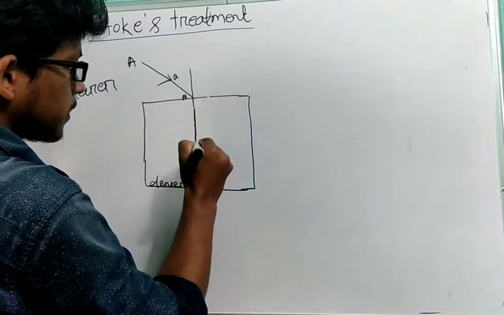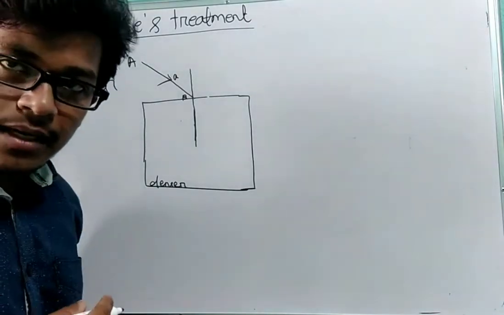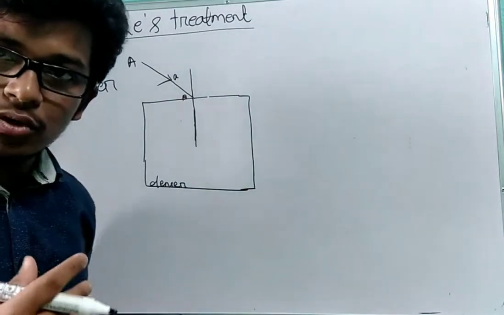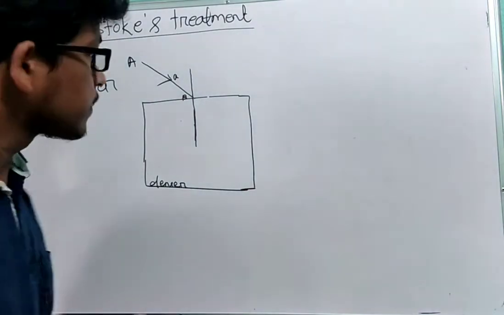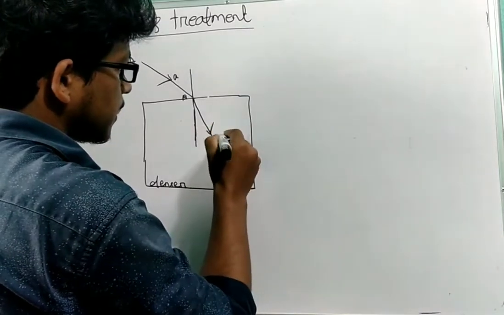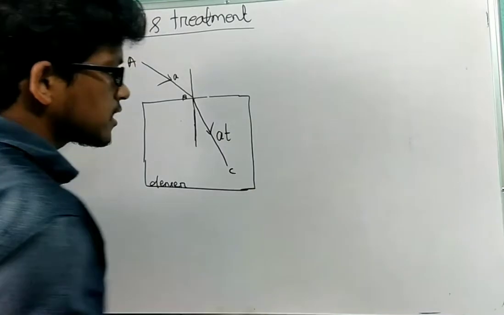So what is happening? A part of the light will be transmitted and a part of the light will be reflected. Let the amount transmitted be T, so T times A is getting transmitted.